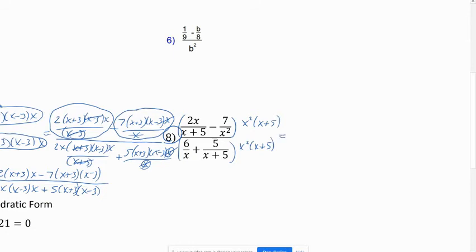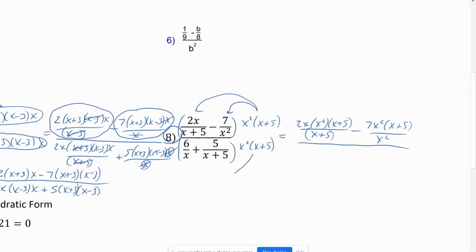And that gives us, when we multiply here, 2x times x squared times x plus 5 over x plus 5 minus, when I multiply here, 7x squared x plus 5 over x squared divided by, here I get 6x squared x plus 5 divided by x plus, when I multiply here, 5x squared x plus 5 over x plus 5.